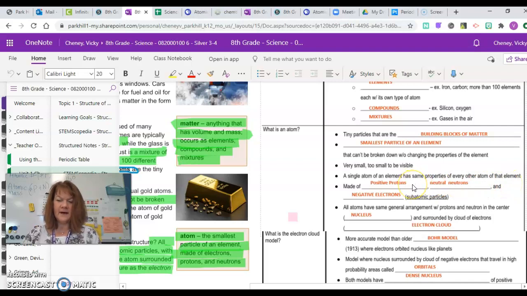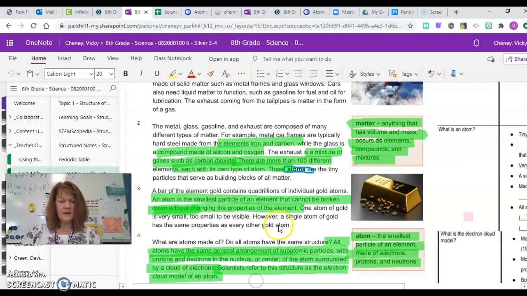It is made up of positive protons and neutral neutrons and negative electrons. All of these are known as subatomic particles. All atoms have the same general arrangement with protons and neutrons in the center, which is the nucleus, and it is surrounded by a cloud of electrons called the electron cloud.